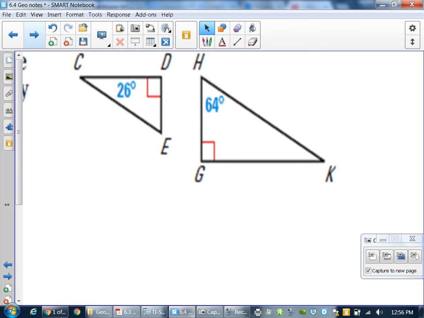For example, that little square box in the corner of the triangle means what? It means it's a right angle. What do you know about all right angles? They equal 90 degrees, and therefore they are congruent. Right angles are all congruent.